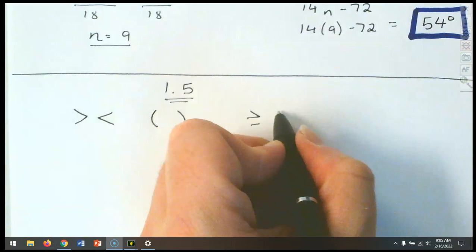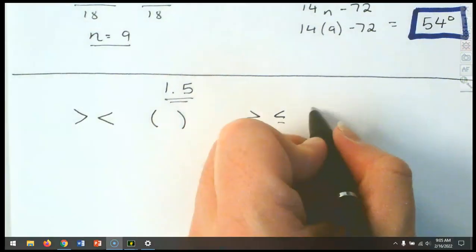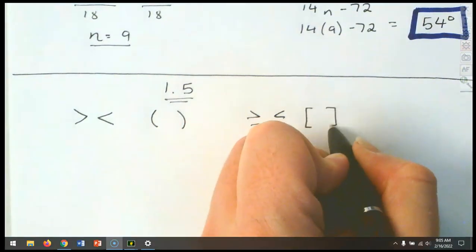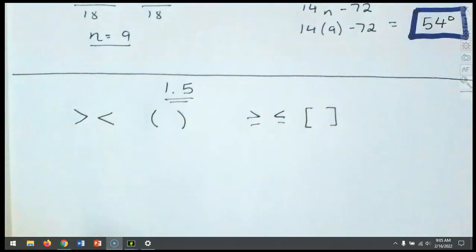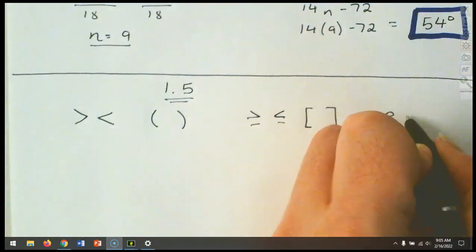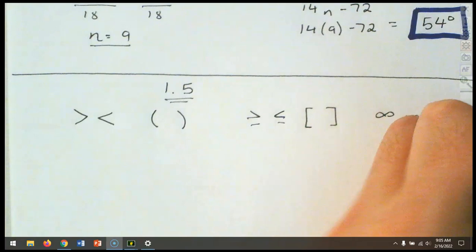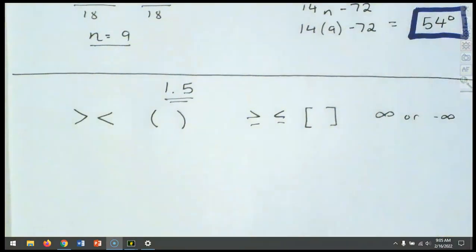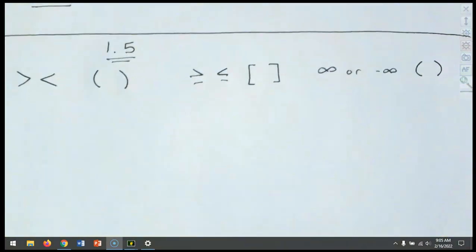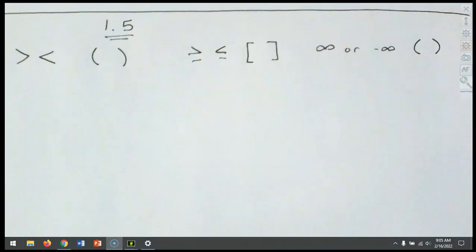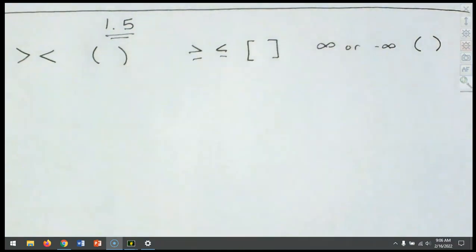Greater than or equal to, less than or equal to, those are going to get your square bracket. And also positive or negative infinity, those get parentheses as well. So that's what we need when we look at interval notation. They're either going to be square brackets or they're going to be parentheses.